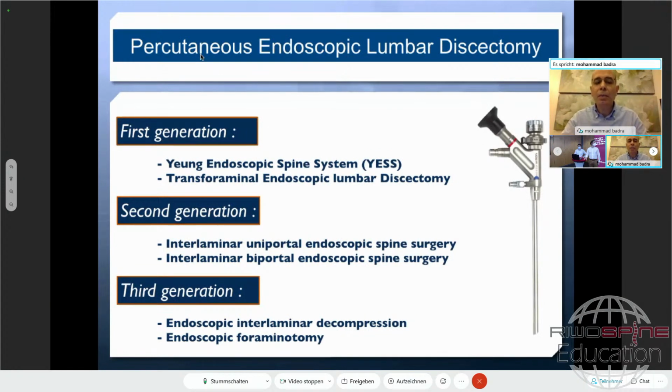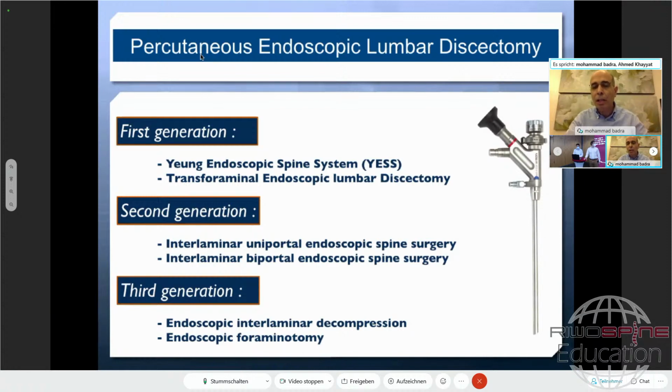It started initially with the transforaminal approach, with Anthony Yeung, the inside-out technique, and Thomas Hoogland, the outside-in technique. This progressed later to the second generation, when Professor Sebastian Rutten introduced the interlaminar technique to overcome the difficulties of accessing the L5-S1 disc space through the transforaminal approach because of some anatomical limitations we'll be talking about. And this opened the door for the third generation, which is endoscopic decompression of the spinal canal.